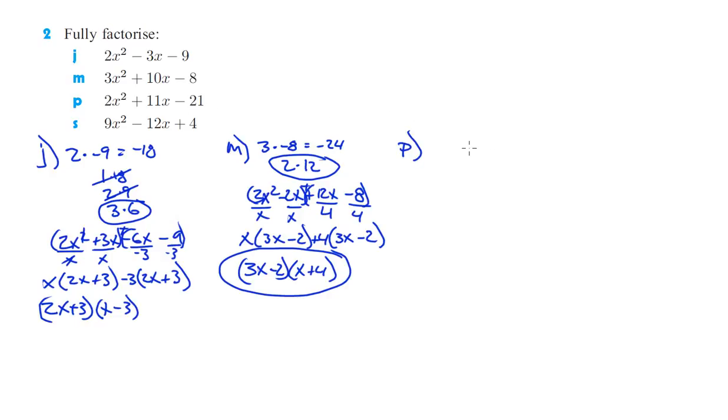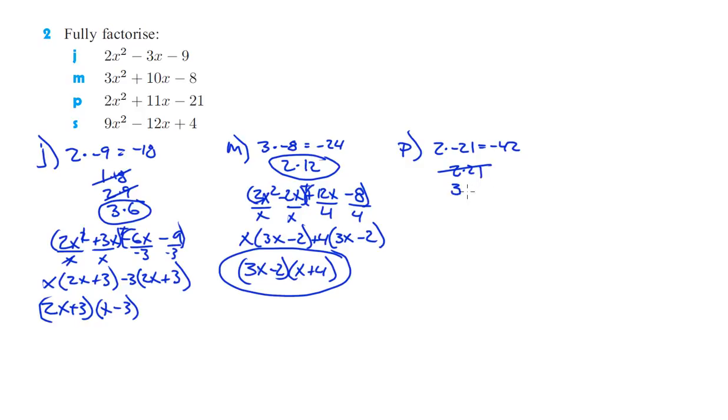P. Nothing to factor out of all of those. 2 times negative 21 is negative 42. Now we're getting to bigger numbers here. We don't always have to start with 1 and 42. That's not going to obviously work, but let's try, say, 2. 2 times 21, do those have a difference of 11? Nope.